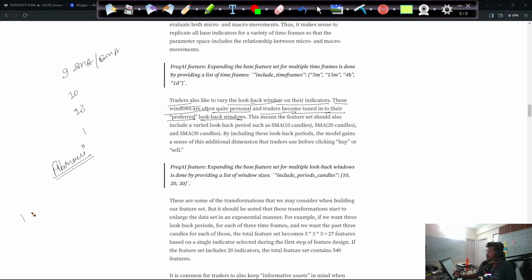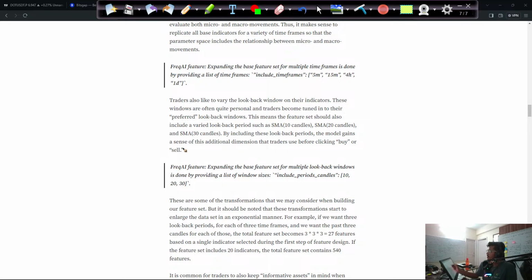So what's the sequence? 1, 1, 2, 3, 5, 8, 13, and when you combine these, it's 21. So people use 8, 13, 21 as their EMA values, and they make decisions out of it. That's the preference they're talking about. So that's your EMA period.